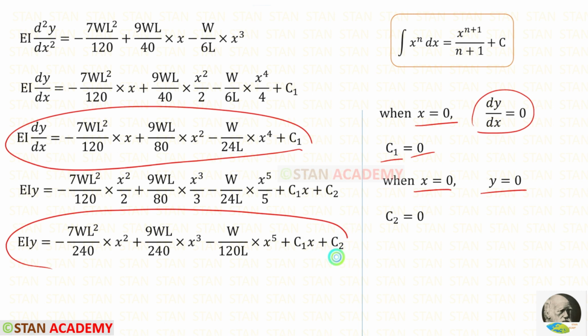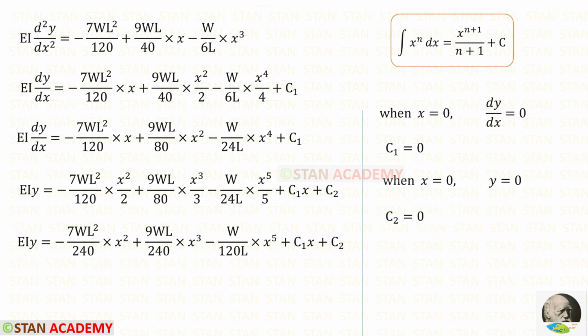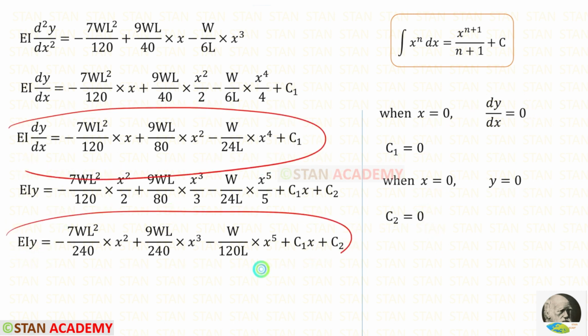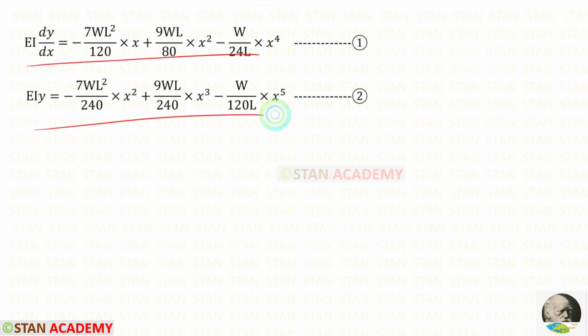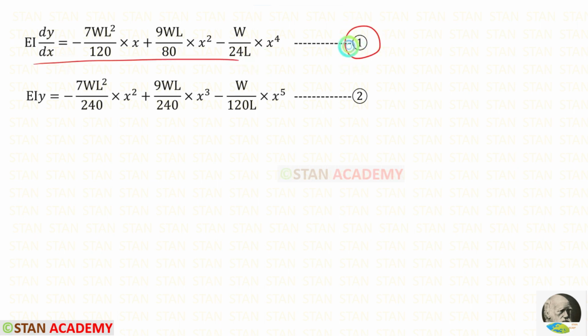In this equation, let us apply both of them. In this way, we will get c2 which is equal to 0. In the slope and deflection equations, let us apply the values of c1 and c2 so that we will get these two equations. Let us keep the slope equation as number 1 and let us keep the deflection equation as number 2.